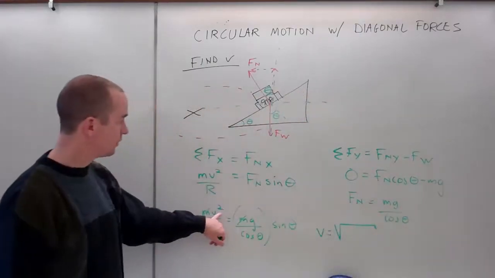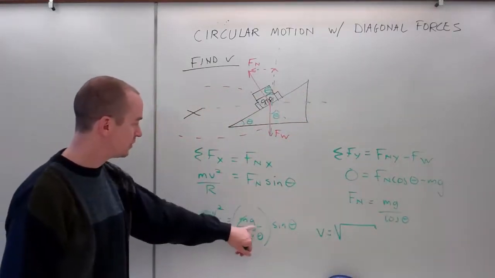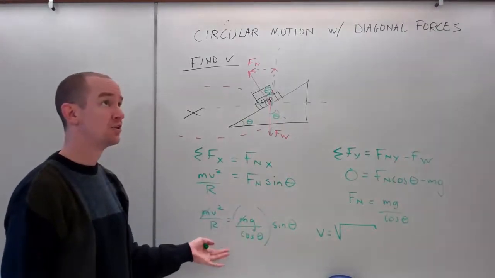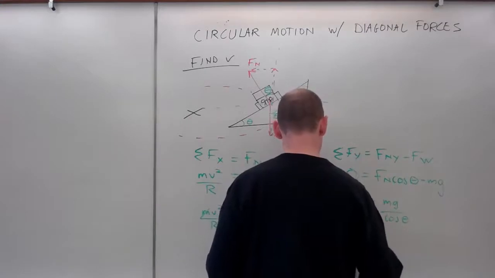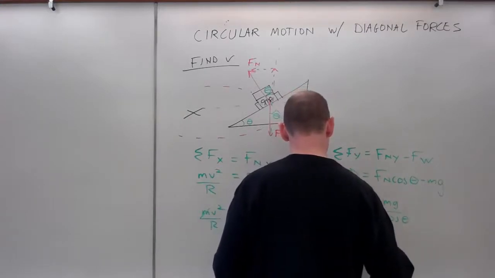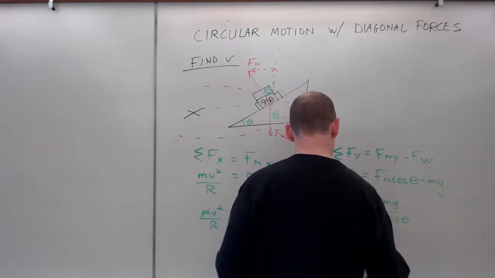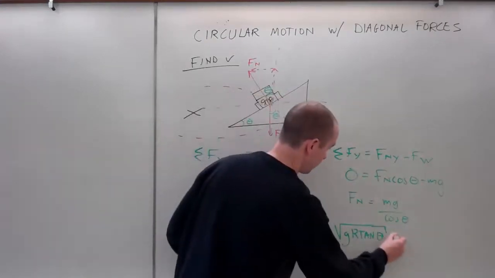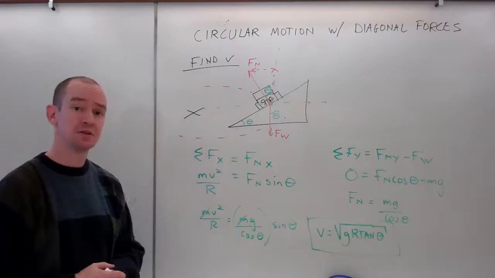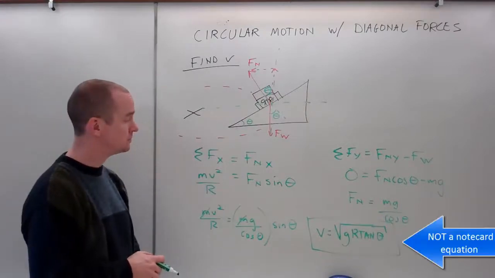I'm going to end up with the square root. I bring my r over. Sine divided by cosine is tangent. This is my solution to the problem. This is not a note card equation. If you were ever to solve a problem similar to this, you would need to go through the steps that Mr. Klingler just introduced to you.